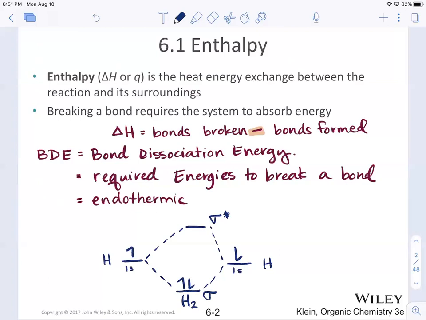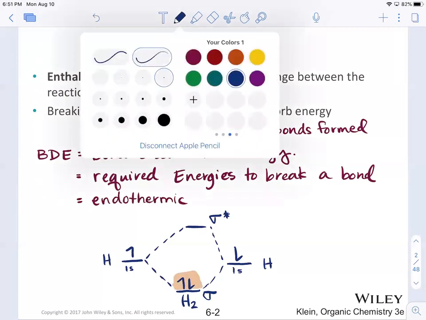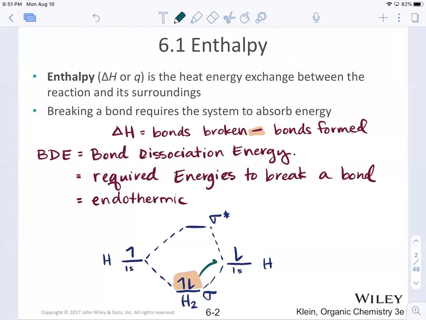The electrons must overcome and absorb energy in order to separate these two electrons. So these two electrons right here in the bonding molecular orbital, that's what we're talking about. The energy required to separate those two, remember, would have to go backwards. Higher energy, this is an energy diagram where energy is increasing on the y-axis. And so in order to actually separate those two electrons, you're putting them back into their atomic orbitals, and that is the amount of kinetic energy required to overcome the stability of that bond.